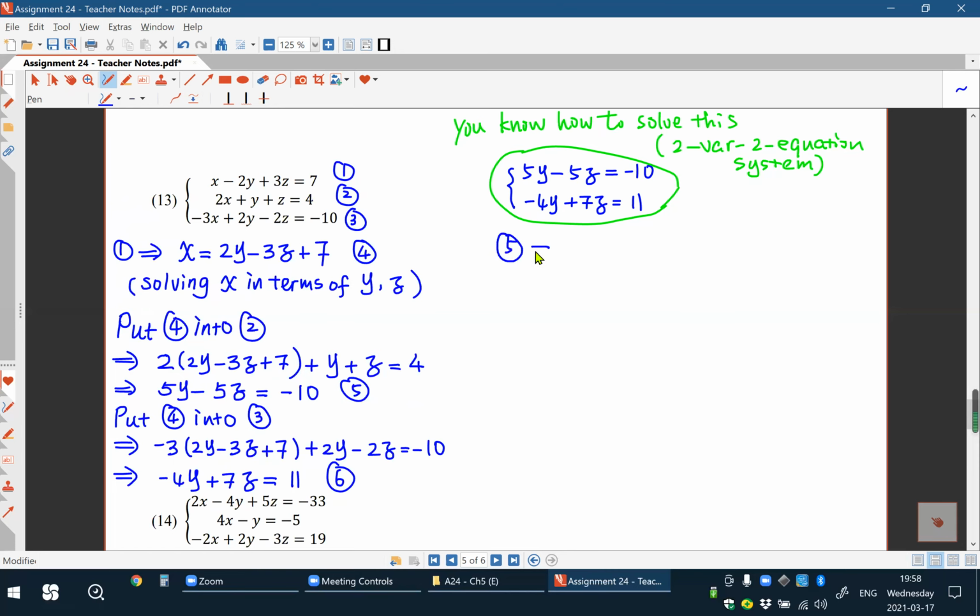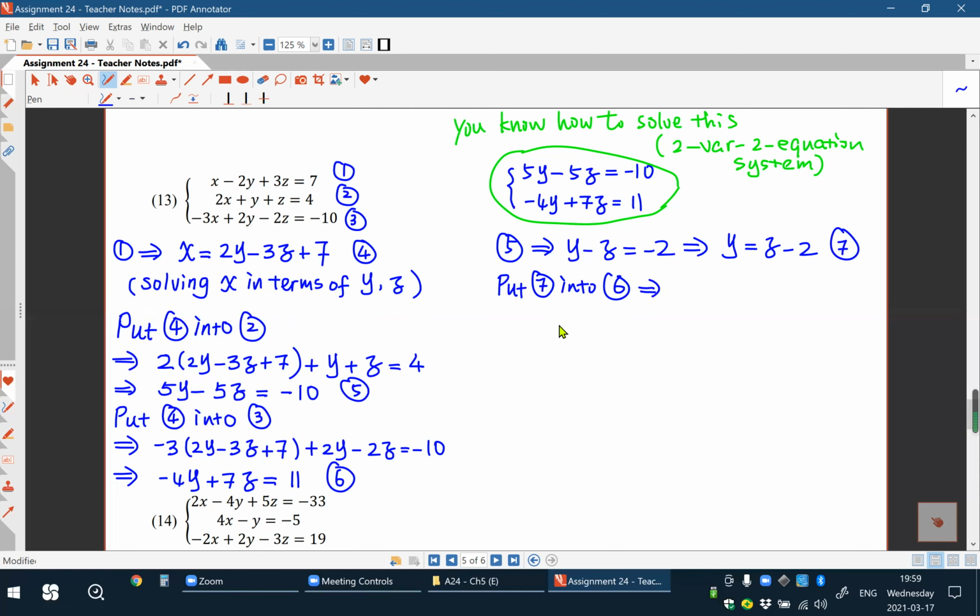From number 5, we know that we can solve y in terms of z. This means y minus z equals minus 2, and this gives you y equals z minus 2. Let's call this number 7. Then we can put number 7 back into number 6. Why do you need to put 7 into 6? Because in that way you can eliminate y and solve that.